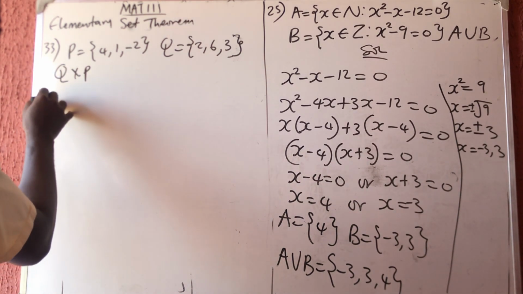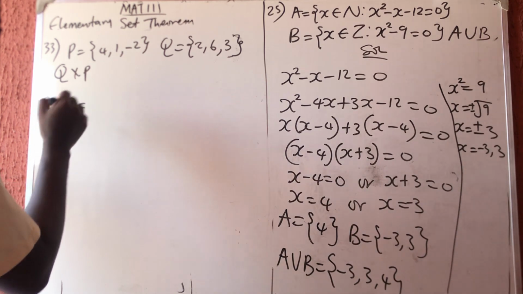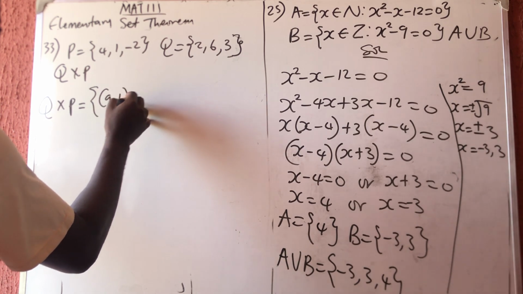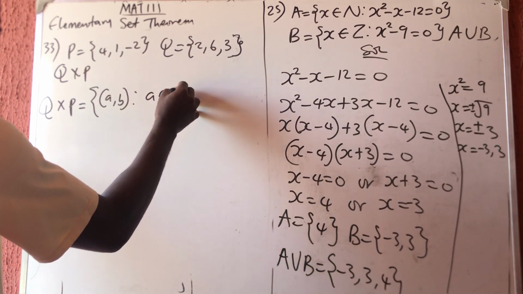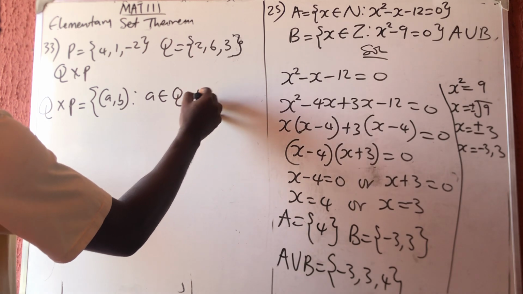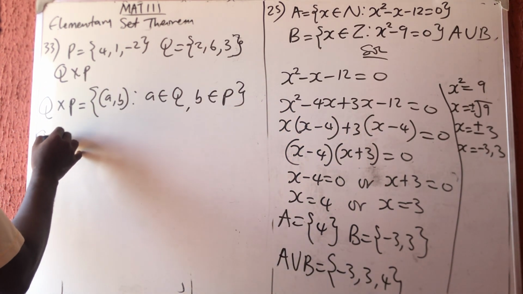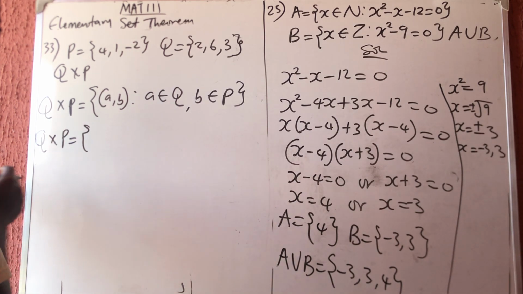Okay, let me show you Q cross P so that you now pick your answer. Q cross P is what? An element of (A, B), such that A must be coming from the first set you saw here, while B must be coming from the second set. Very simple.